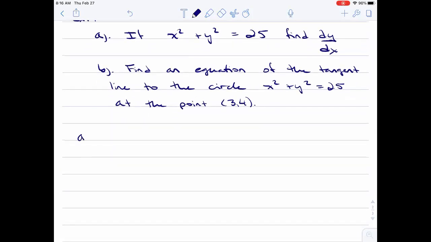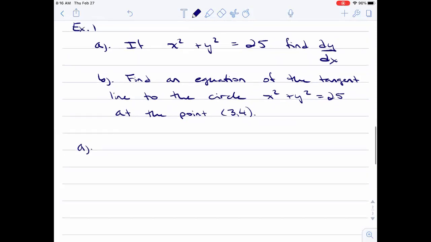So first off, this is our first stab at implicit differentiation, right? But here we go. So we want to find d dx of x squared plus y squared, right? Because our very vague outline of things that we needed to do was just to find the derivative, so differentiate both sides.